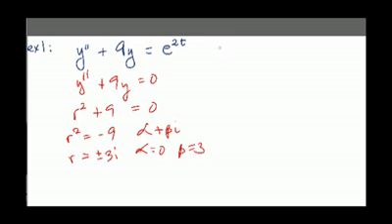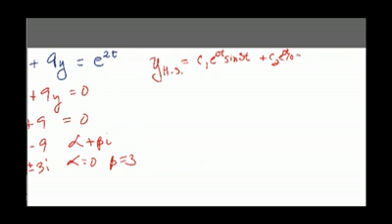So when we're looking at our homogeneous solution, that's going to be c1 e to the 0t sine of 3t plus c2 e to the 0t cosine of 3t. Again, e to the 0 or any number to the 0 is 1. So this is your homogeneous solution.